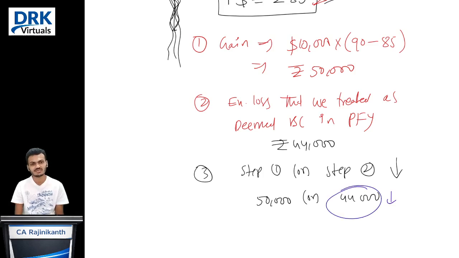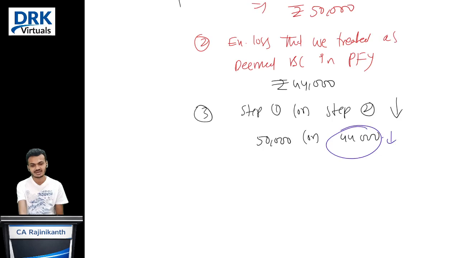So what should we do with this 44,000? We should reverse it. In the previous financial year, we capitalized this 44,000 because there was an exchange loss. In the current financial year, we are gaining. So you reduce that amount from the cost of the qualifying asset. That is what the standard is saying.